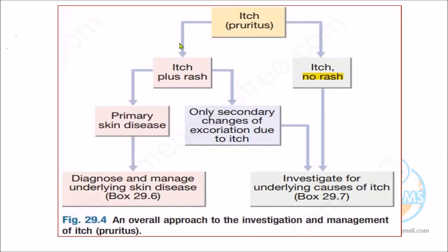Now come to the other part of the algorithm. Itch with rash. Now you can summarize. This rash may be a secondary phenomenon, secondary changes of the scratching. If it is a secondary phenomenon of the scratching, again it comes to the right-sided box. There may again be a possibility of underlying other disease. But in the history, if we come to know that the rash is associated with other skin morphology, that means itch and rash both together at the same time, more likely this is a primary skin disease.